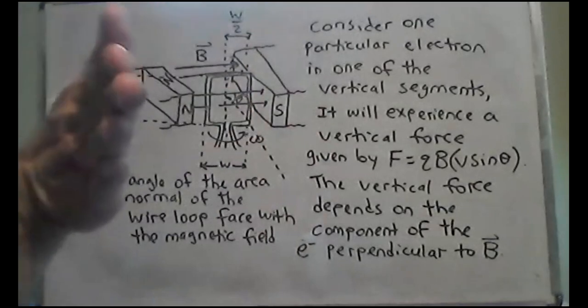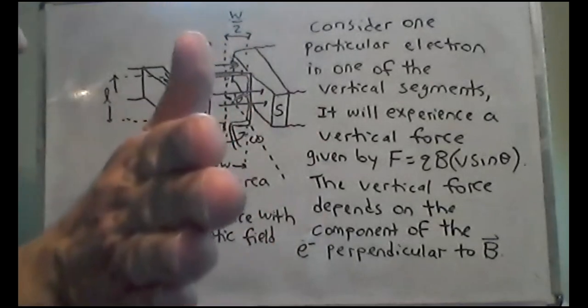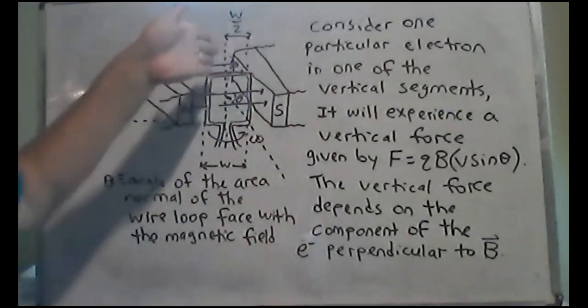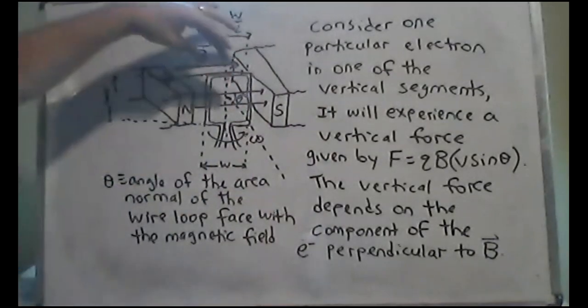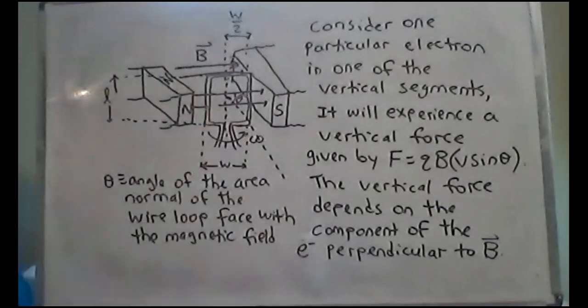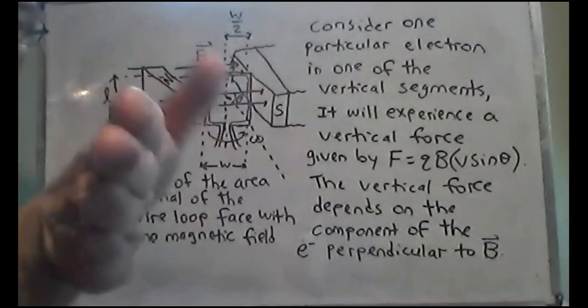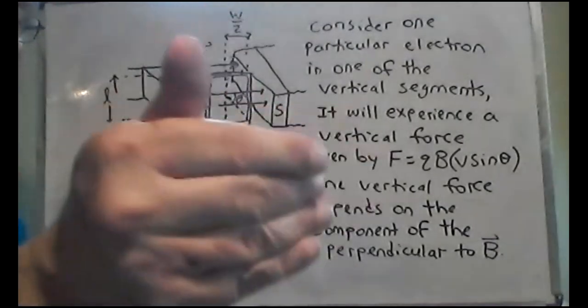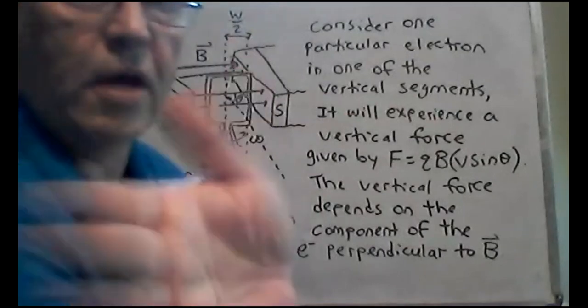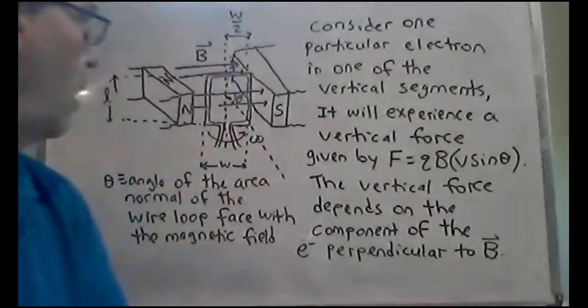What's that going to be? QV coming at you cross B. I'm imagining that I've turned this a quarter of a turn, so now it's coming straight out at you. So it'd be QV cross B in this case, so it'll be straight up. And so essentially what I'm going to end up having is either straight up or, on the other side, QV cross B. Oops, I'm sorry. Let's see.